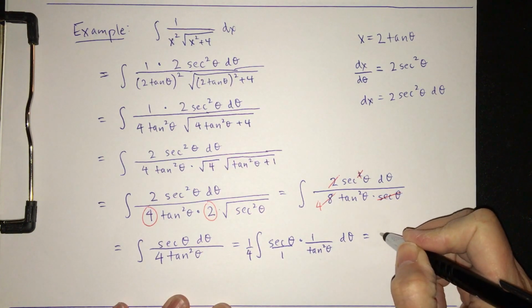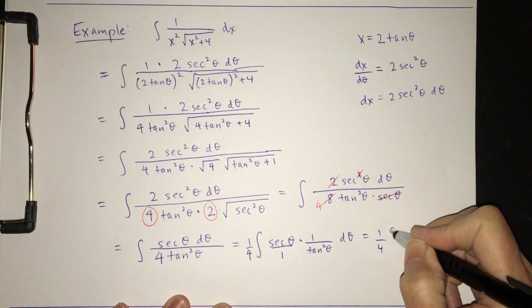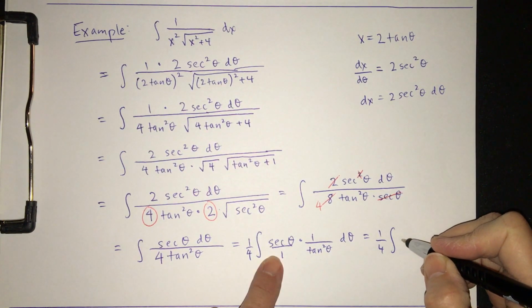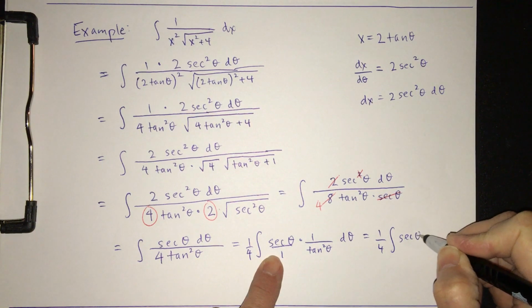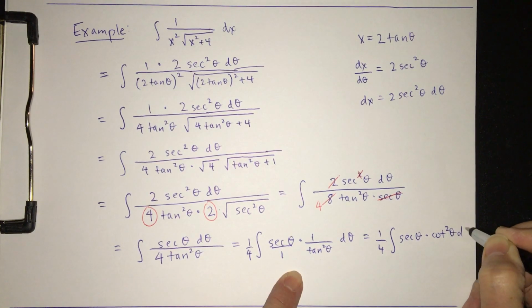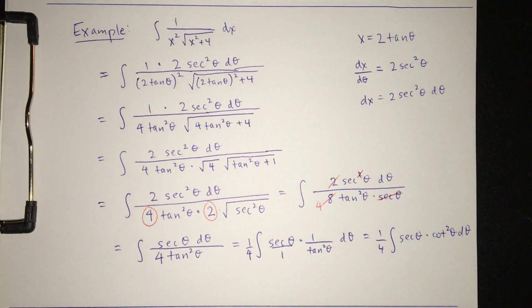So this integral is 1/4 the integral of secant theta times cotangent squared theta d theta. Now, secant theta, that's 1 over cosine theta. And cotangent squared theta, that's cosine squared theta over sine squared theta.